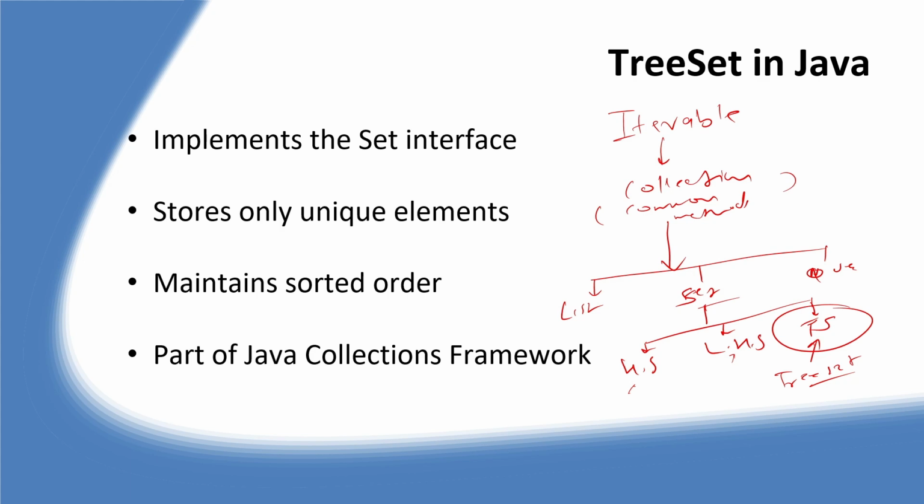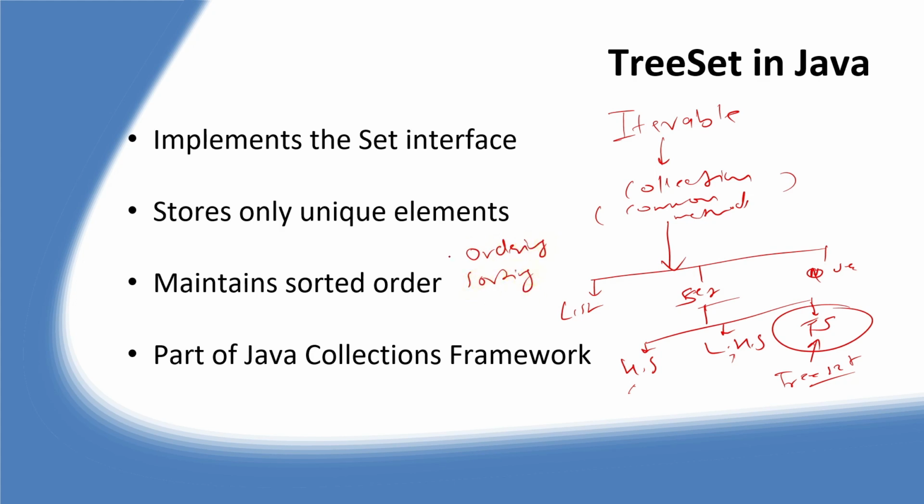Like every Set implementation, it stores only unique elements, and TreeSet automatically stores elements in sorted order. Two pointers you should keep in mind: ordering and sorting.